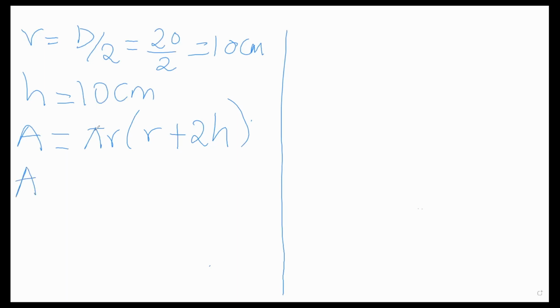So our area A is going to be equal to 22 over 7 times r. Our r is 10, multiplied by, into bracket 10 plus 2 times h. Our h is also 10 centimeter.